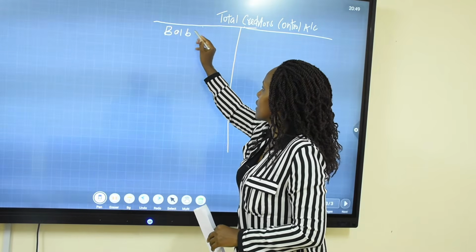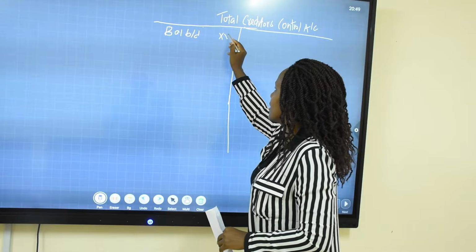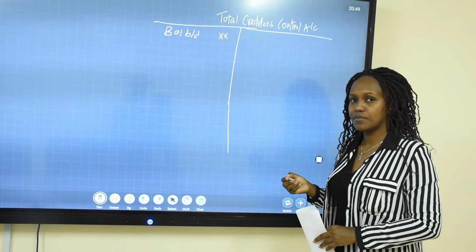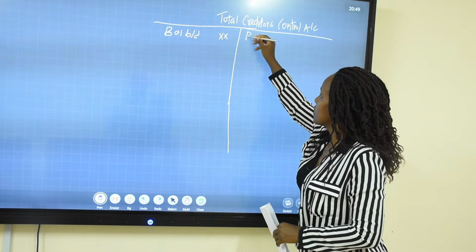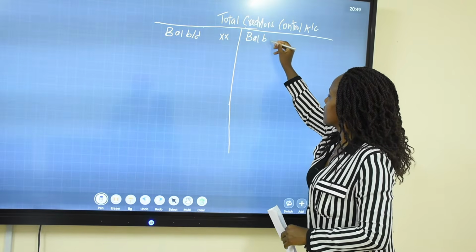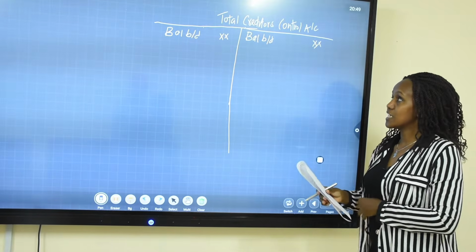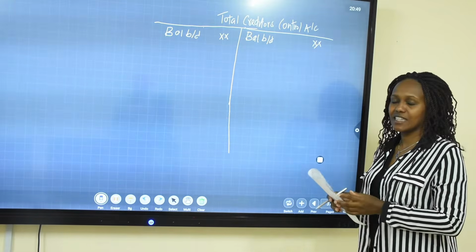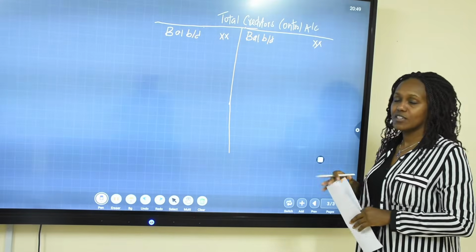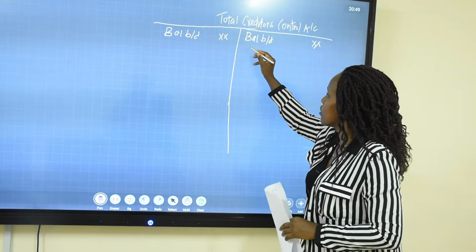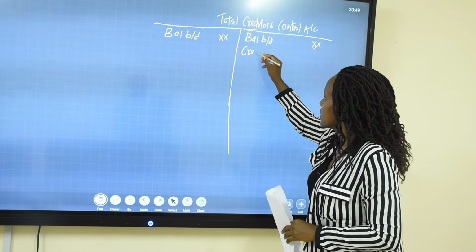Some creditors have debit balances, the creditors we have overpaid. Then we have some creditors here who have a credit balance. This is the amount owing to the creditors. So the total here, whatever increases the obligation to the creditors, is credit purchases.